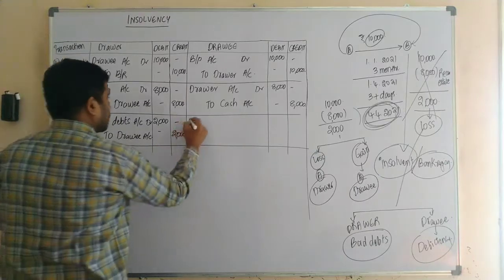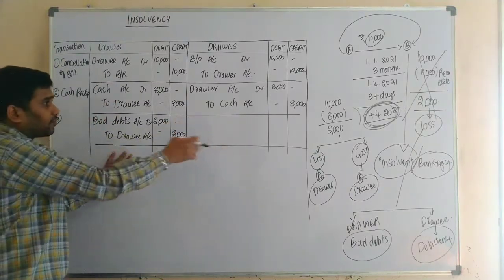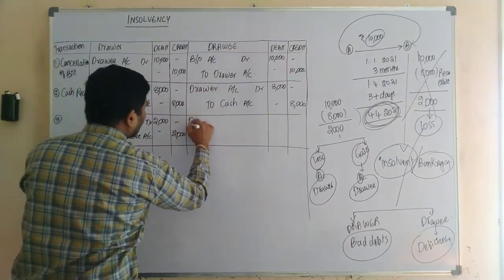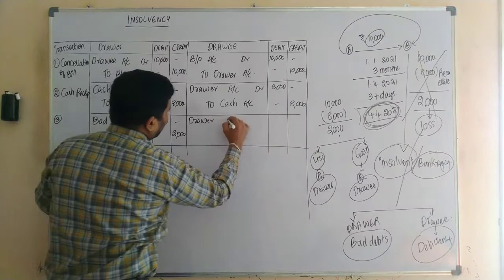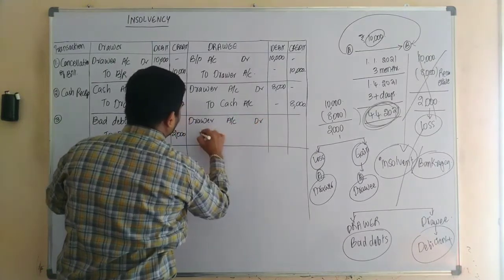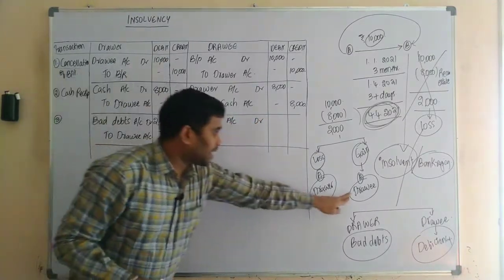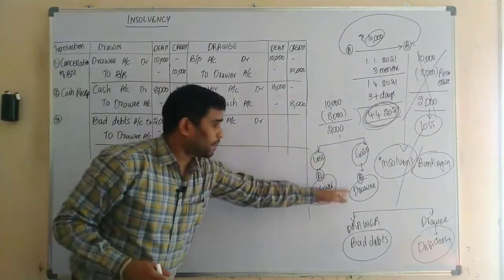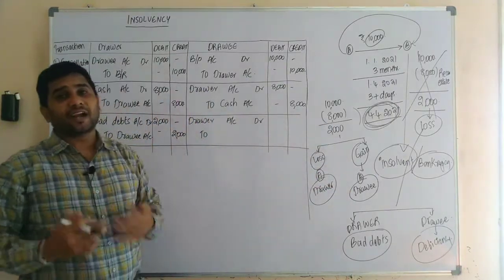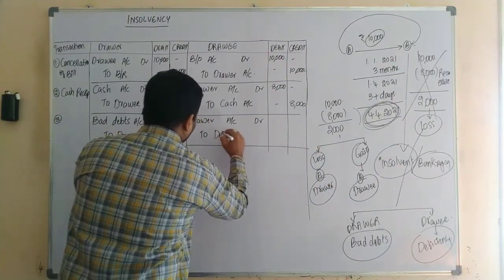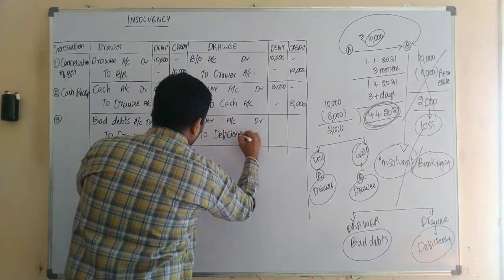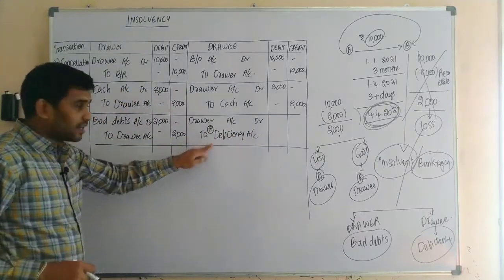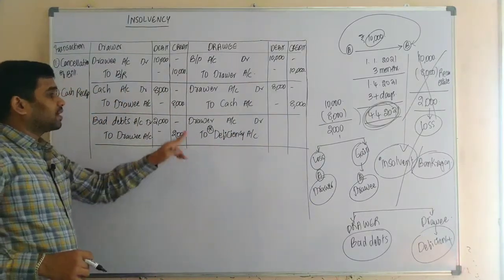Yes or no? Next. So the same amount of 2,000 would be a gain from the point of view of drawee. So what is the journal entry? The journal entry would be drawer account debit to, as it is a gain to the drawee, we are transferring this 2,000 rupees, or the gain, to a separate account called deficiency account.